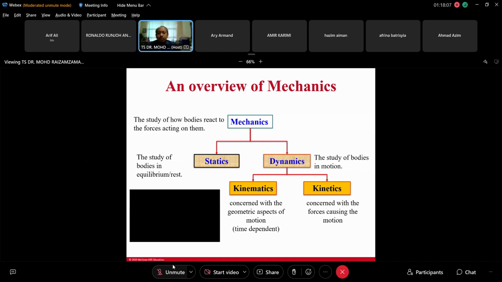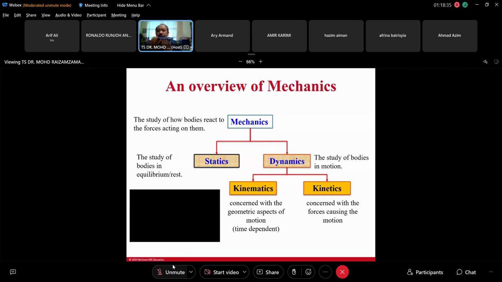So what is kinematics? It is concerned with the geometric aspects of motion. It is time dependent, so that's kinematics. And kinetics is concerned with the forces causing the motion. I give you a very simple example. Let's say this is your phone, or you imagine that this is the table in front of you. Then you try to push the table.